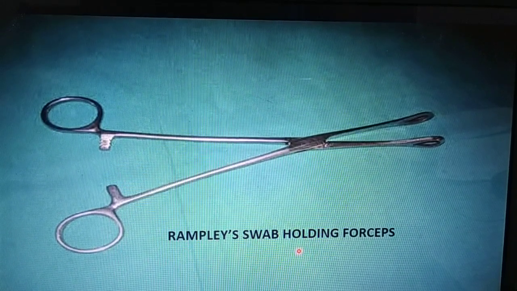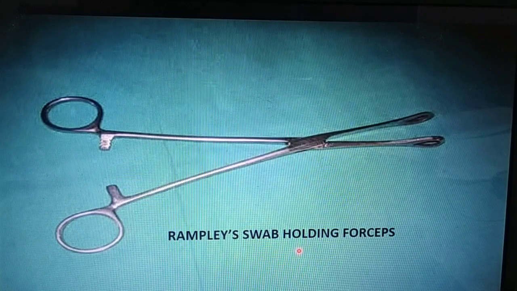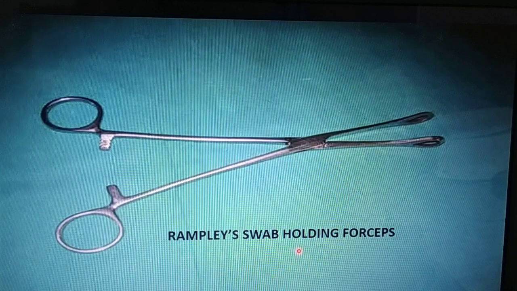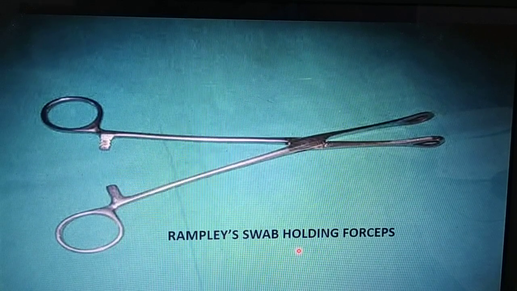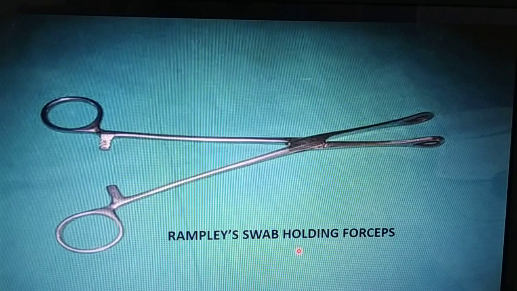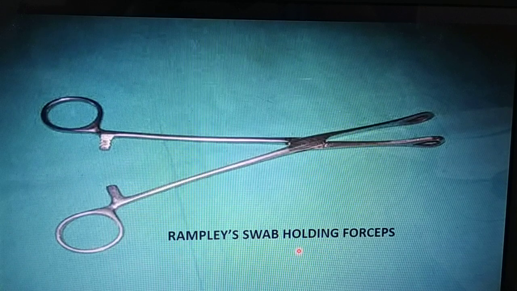Uses of this instrument are: it is used for cleaning of skin with swab dipped in antiseptic solution during all operations, so it is used for swabbing the skin before any operation.